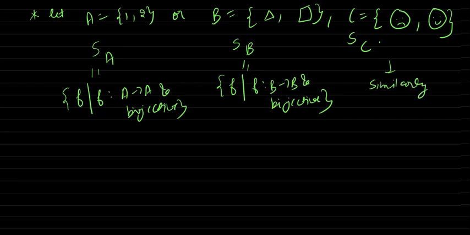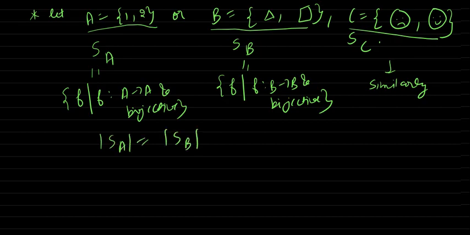But since A is a set of cardinality 2, B is also a set of cardinality 2, and C is also a set of cardinality 2, the cardinality of S_A equals the cardinality of S_B equals the cardinality of S_C, which is 2 factorial, equal to 2.